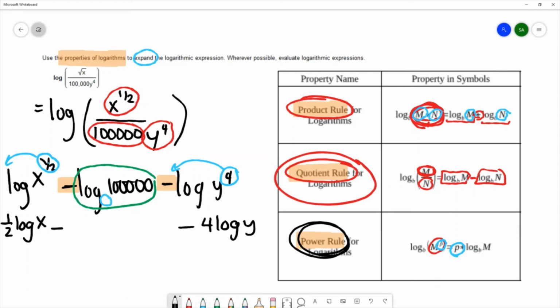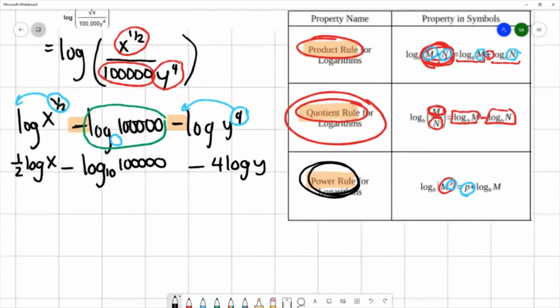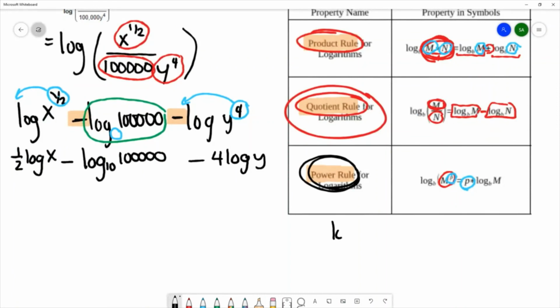So this is the same thing as log base 10 of 100,000. And we'll do this work on the side over here. I want to figure out what log base 10 of 100,000 is.